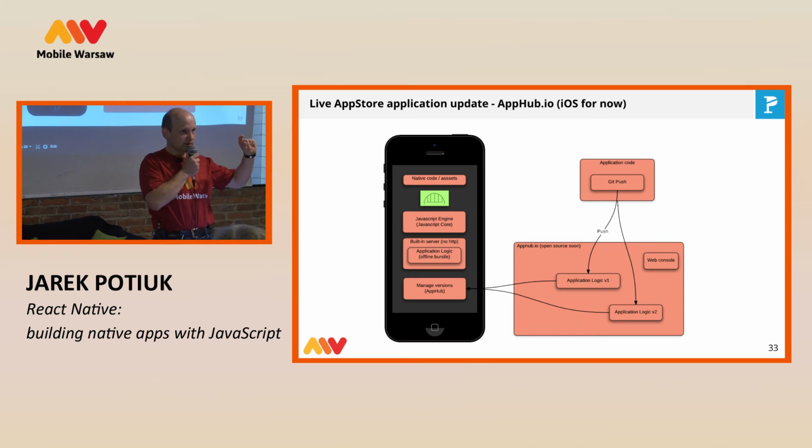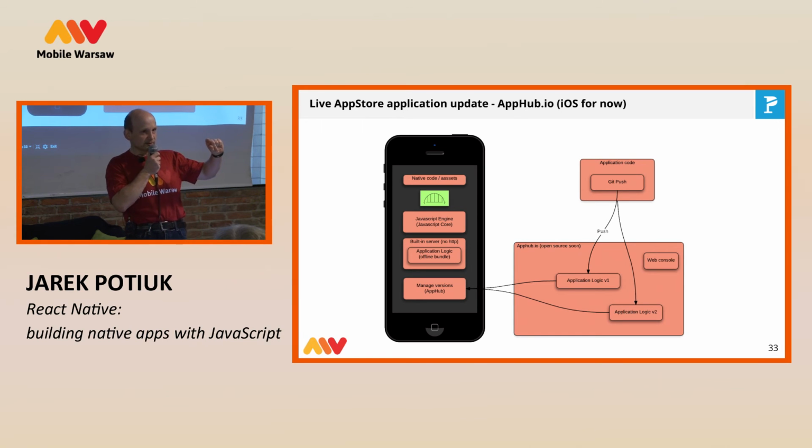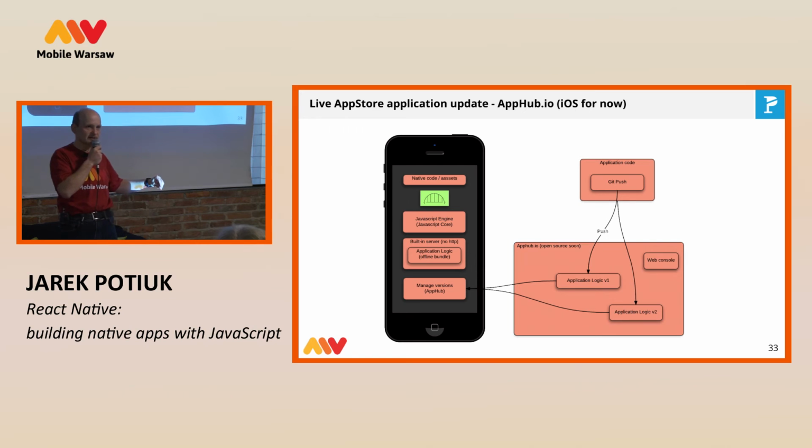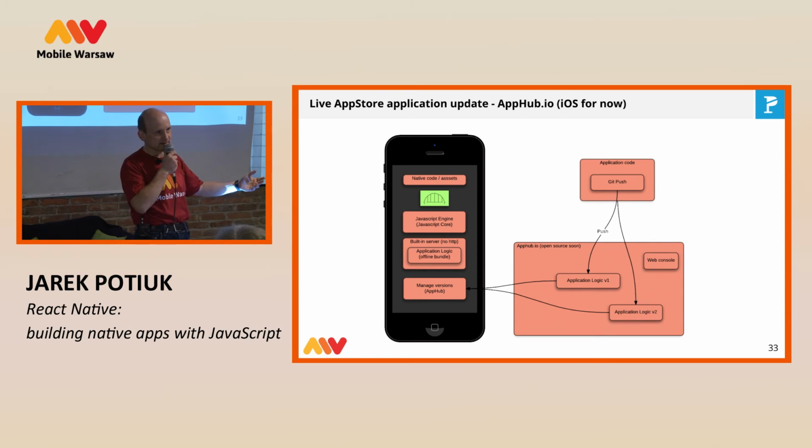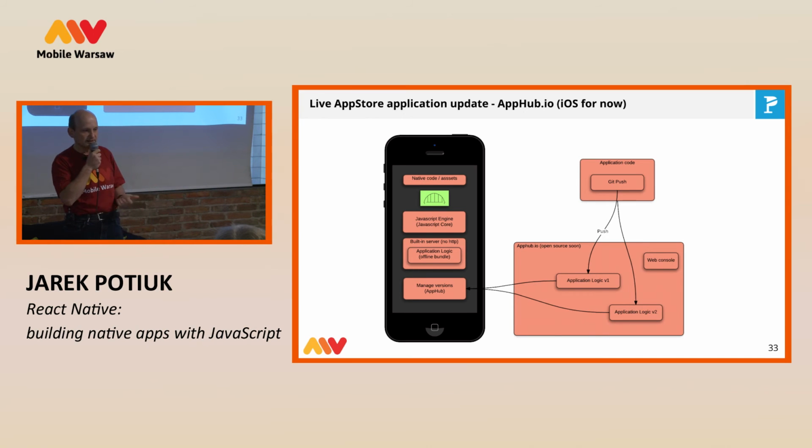A small piece of code they wrote downloads it from their server, or yours in the future because they open sourced that. It downloads it, stores it locally, and runs it locally from the phone itself, so it serves the code that was just downloaded. Yeah, and this runs at native speed and doesn't download anything while you are opening the application, so it's just production ready, and it works, and you can do that.